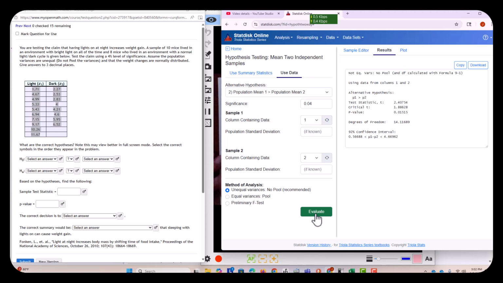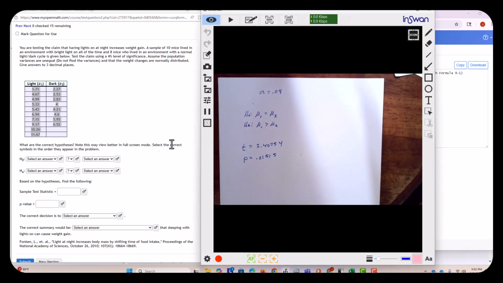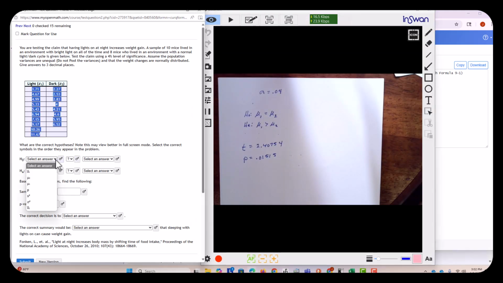So notice that our test statistic t is equal to 2.40754, and our p-value is equal to 0.01515. Mu sub 1 equals mu sub 2.